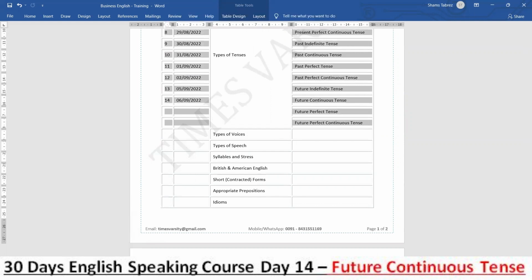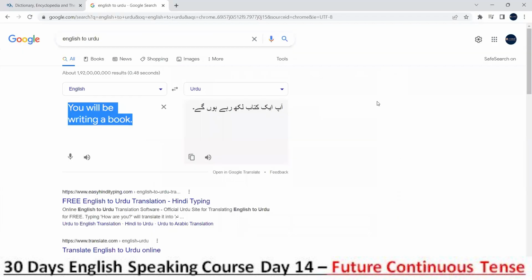If you are from a Hindi medium, Urdu medium or Telugu medium, just make your sentence in English and then translate. Google will translate it into your own native language. This is another way of effective learning.